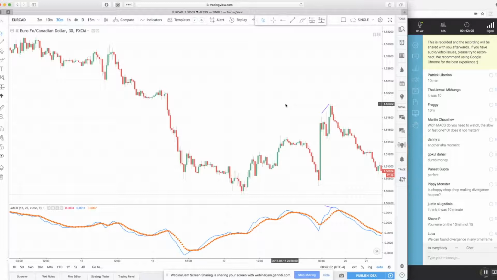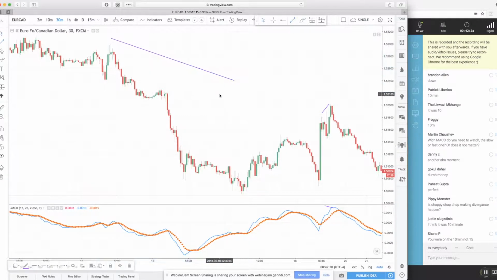According to a higher time frame, can you tell me which way the overall trend is? Up or down? Now you have a downtrend here, right? Overall, a running downtrend.